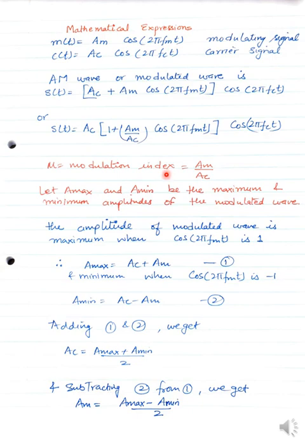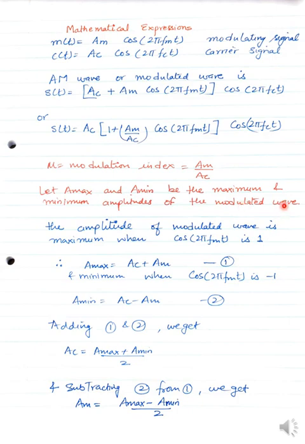So mu is equal to the modulation index. This term is going to be used in the calculations or the numericals which we are going to solve. It is equal to Am, the amplitude of the modulating signal, divided by Ac, the amplitude of the carrier signal.